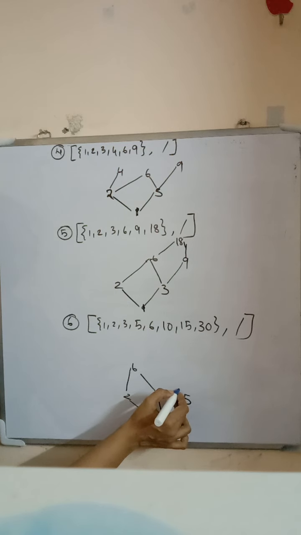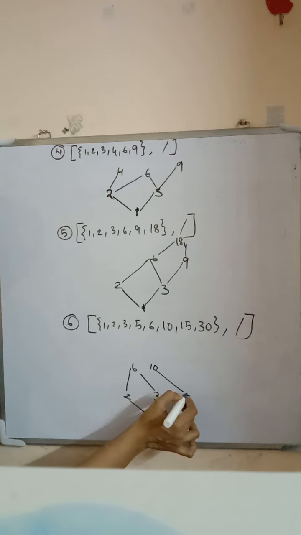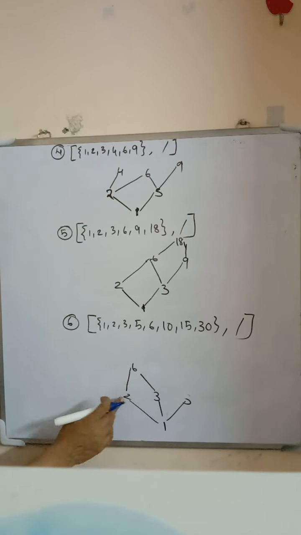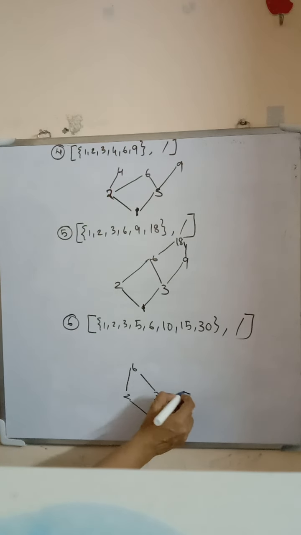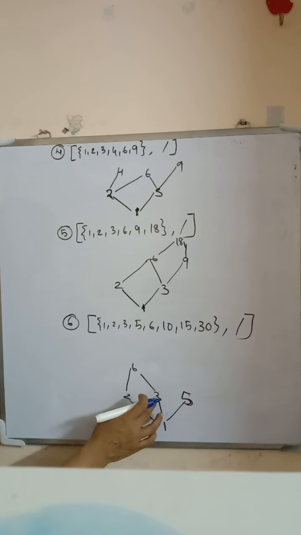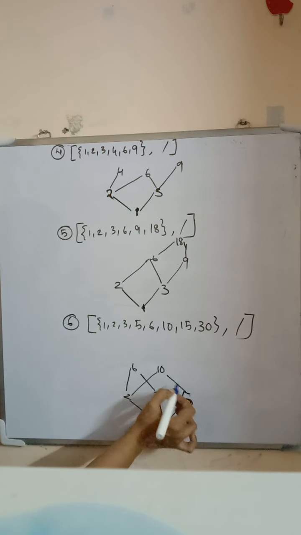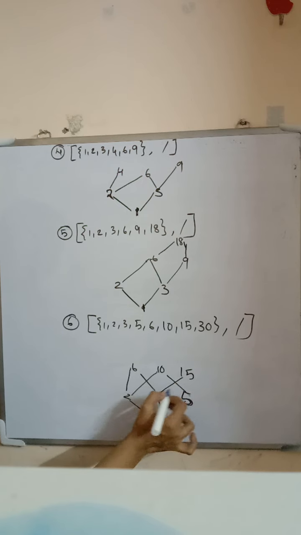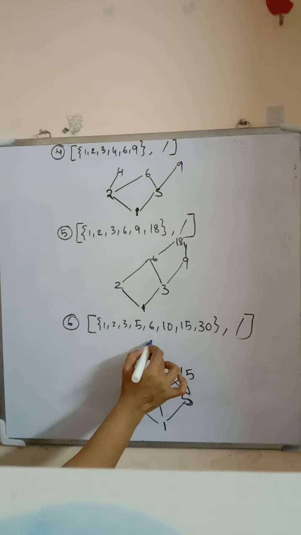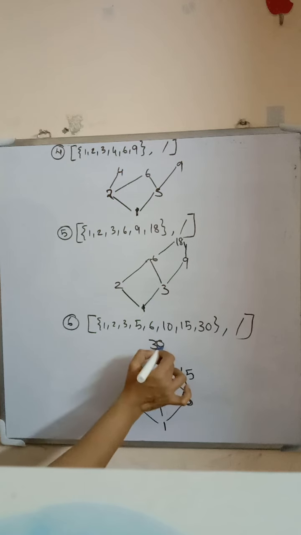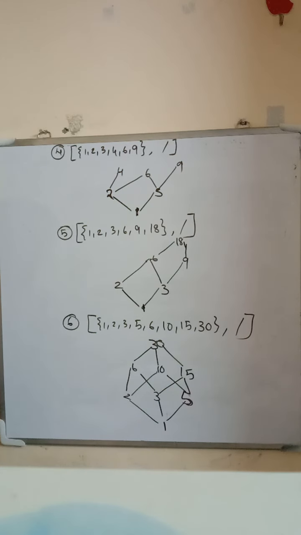Also 5 divides 10. Then 2 divides 10, 5 divides 10. Also 3 divides 15 and 5 divides 15. Also 10 divides 30, 15 divides 30 and 6 divides 30. So this is the Hasse diagram representation of this poset.